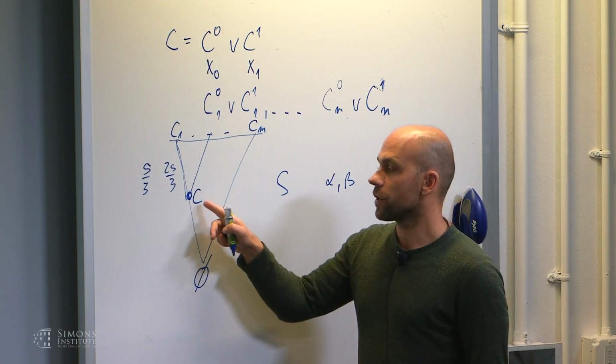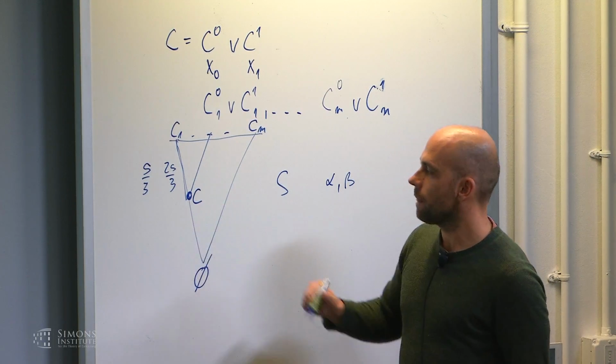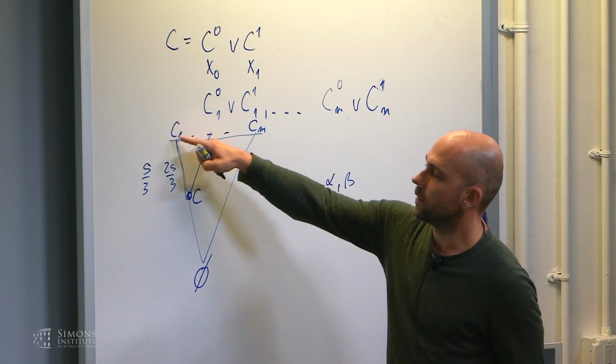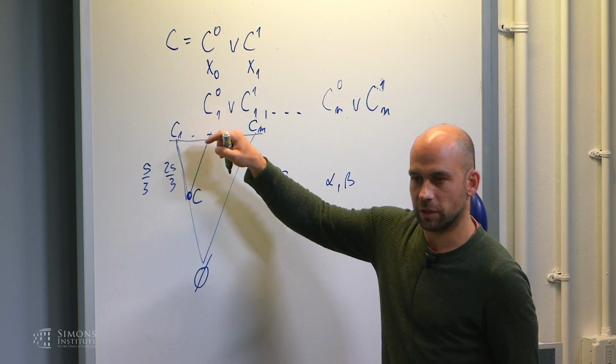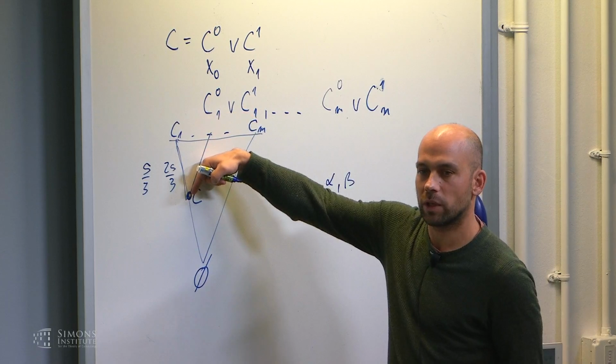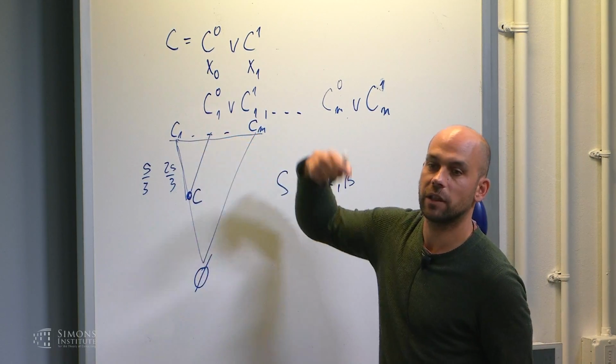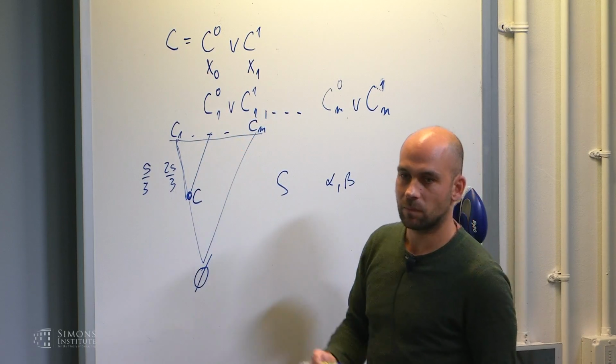Now, supposing the clause is false, they know that if they look at this subrefutation, the subrefutation will at this point get to this false clause. So they look at this tree and they continue in the same fashion.